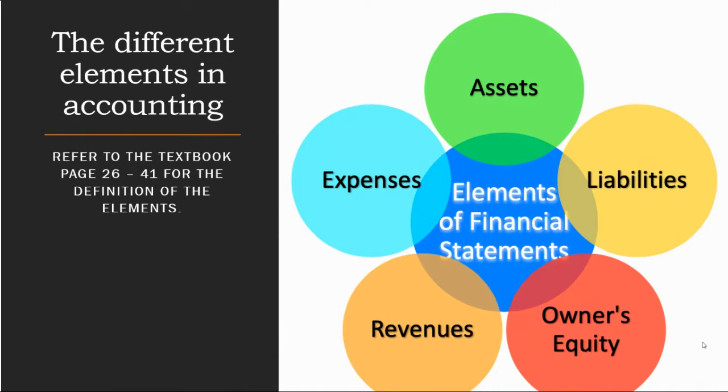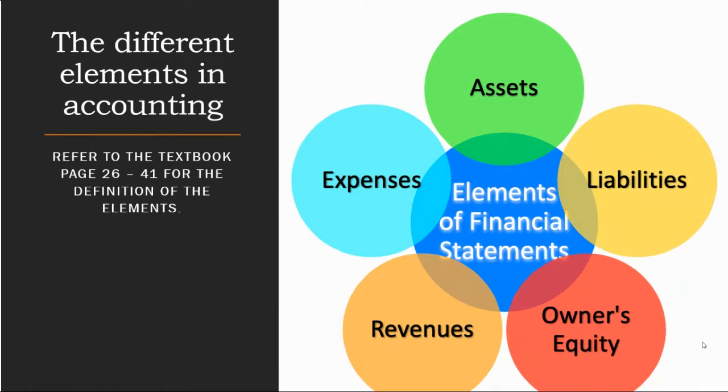We want to create a snapshot for our owners, and the other users of financial statements, of what is our current net worth in this business, how are we performing, so what is our profit like, our revenue, our expenses, and then when we look at the assets and liabilities, are we liquid, are we solvent? So all of that we see in our set of financials.